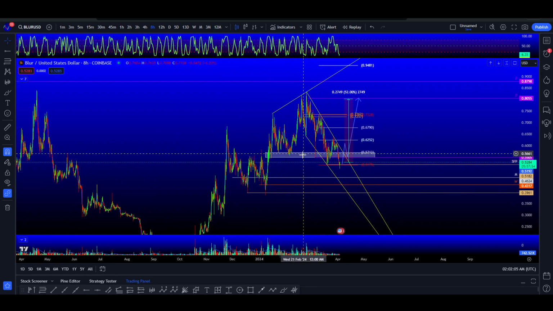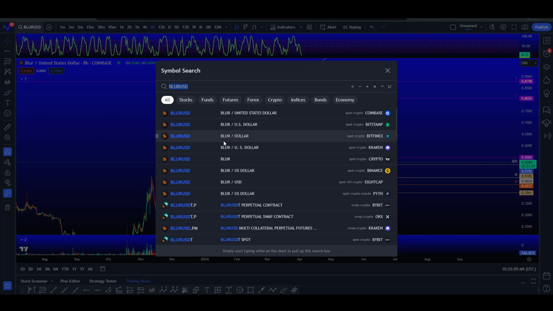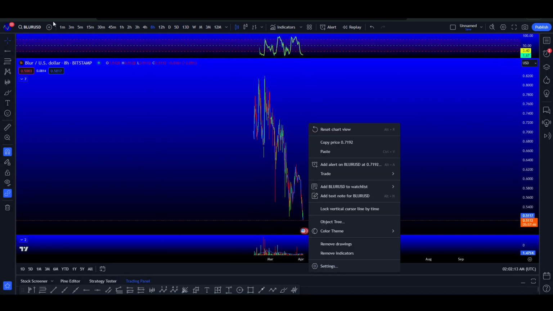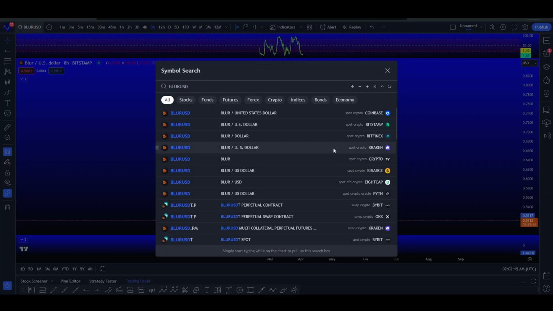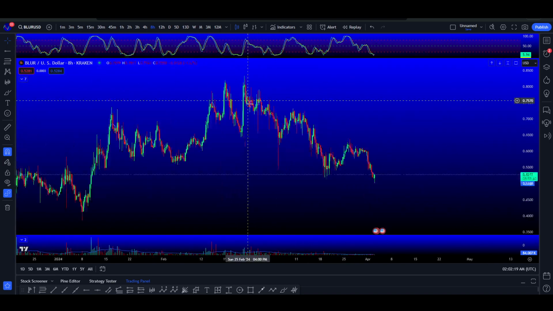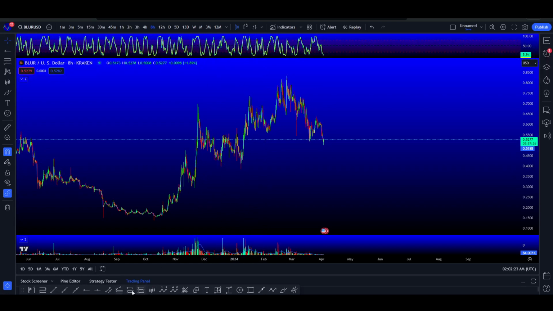Let's see here. I'm actually going to draw something else on a different chart. Let's see something. Oh, that does not look good. Let's go to Kraken maybe. Okay. So I wanted to pull this up because I am seeing something here.